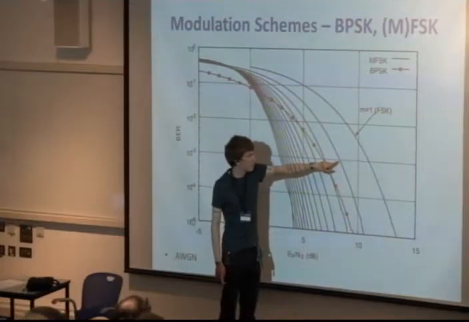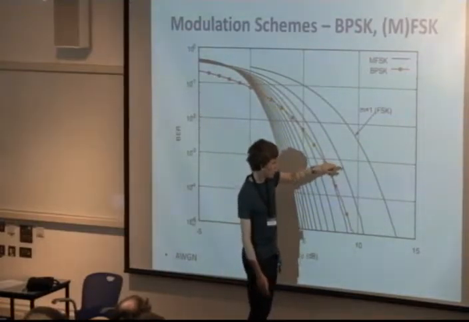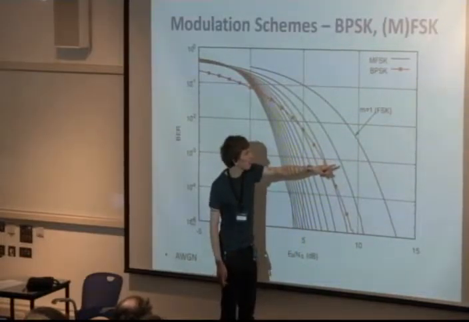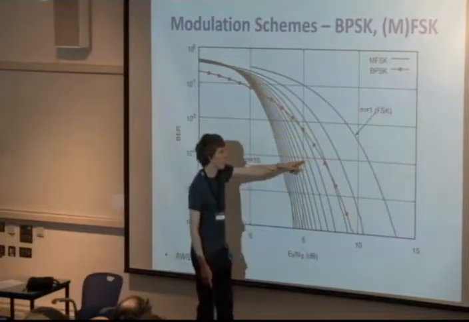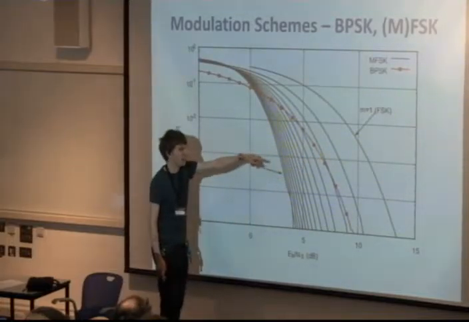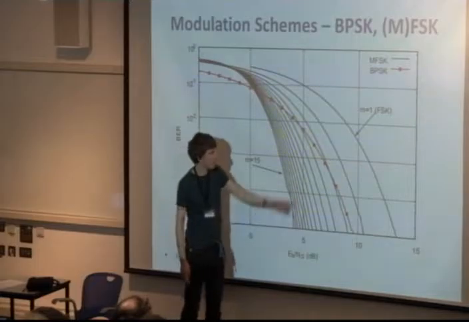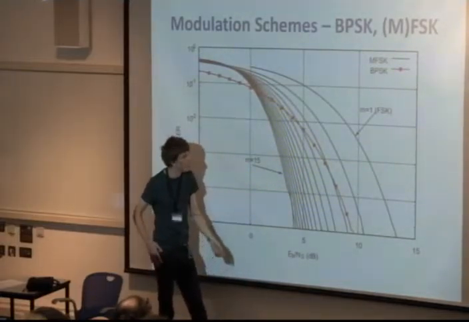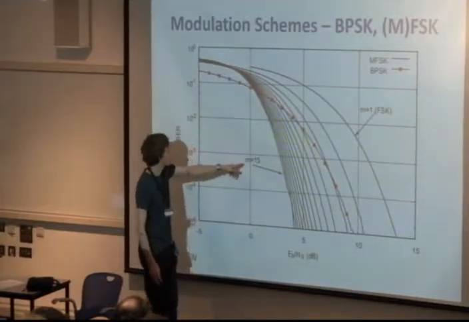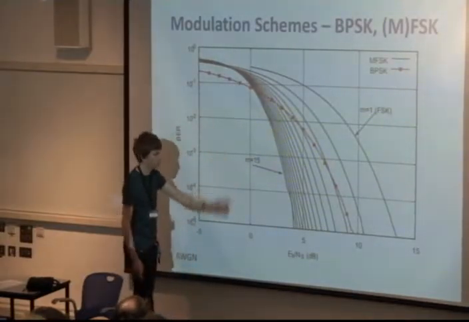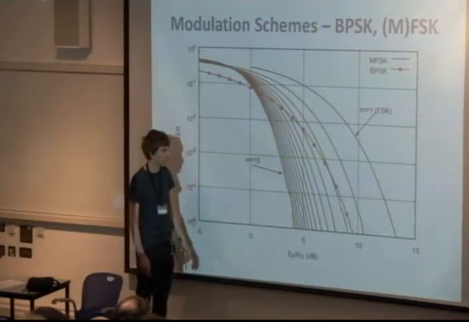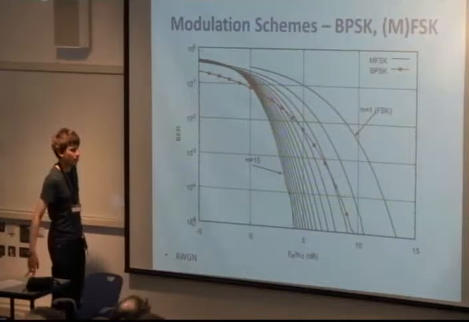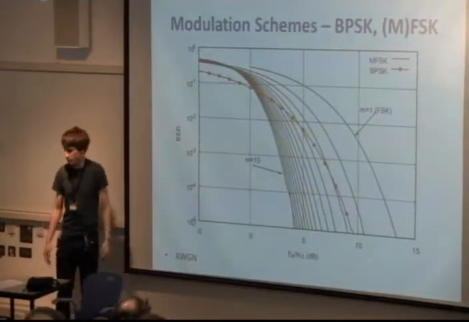So that's using 4 tones, and so that's quite a big gap, bearing in mind the extra bandwidth you use isn't actually that great. But then as you get 3, 4, 5 bits at a time, the amount of bandwidth you're using just gets silly, because the bandwidth goes up 2 to the power of m, while the throughput only goes up by m. In theory, m equals infinity should get to the Shannon limit, but that's just stupid, really. So you end up using a gigabit of bandwidth for 1 symbol a second or something.